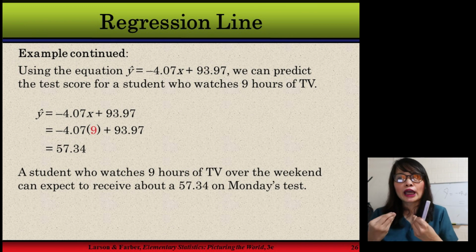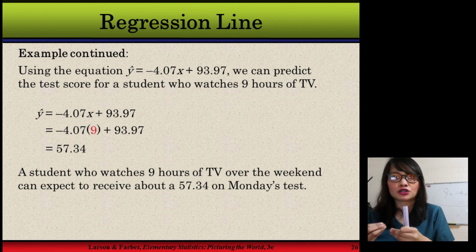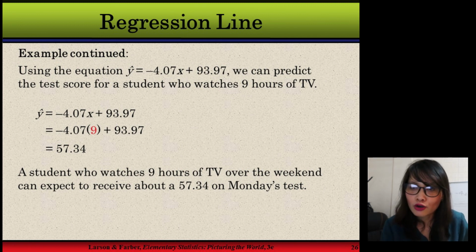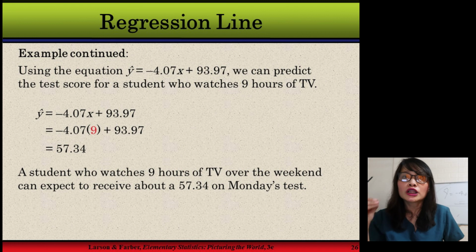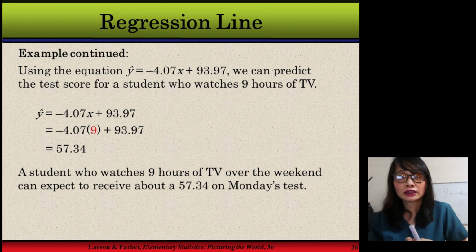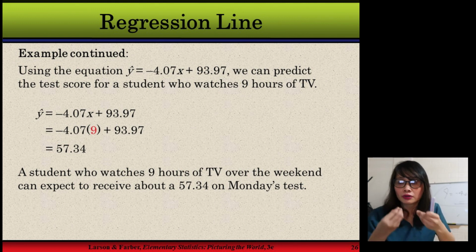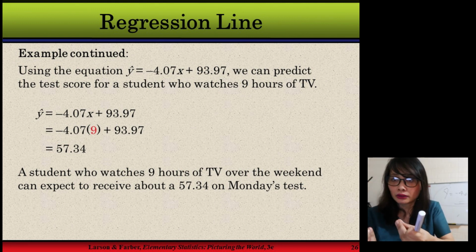We can predict the test score for a student who watches 9 hours of television. Using this equation, you can predict what the score of the student will be if she or he watches 9 hours of television. That is the role of the equation of the regression line: to determine the prediction, what will be the output.